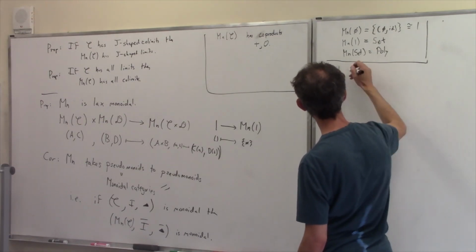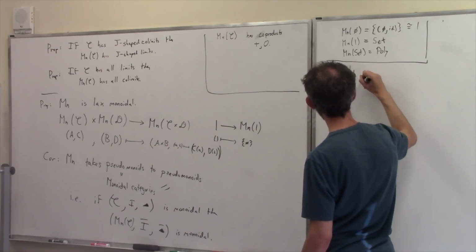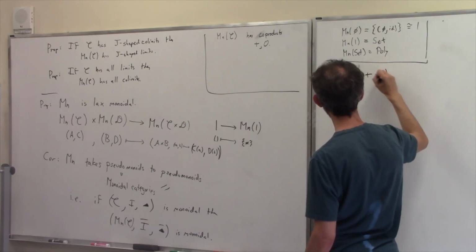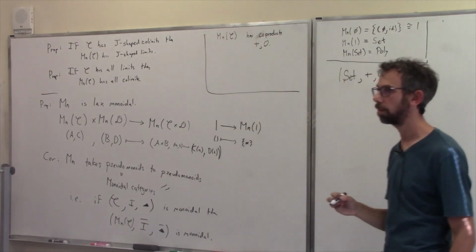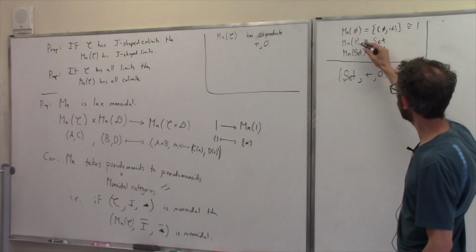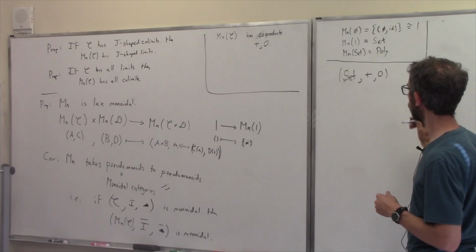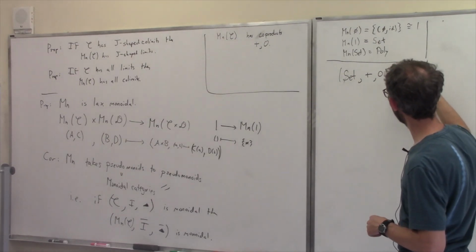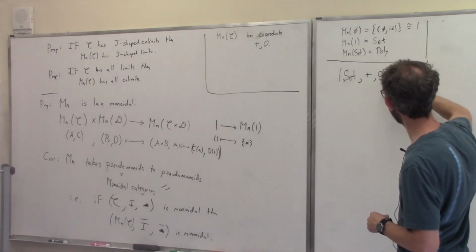So set gets this plus just because it's menu of something. Menu of anything, including menu of 1, gets a plus. But it also gets times.